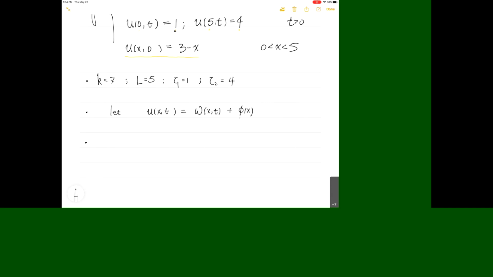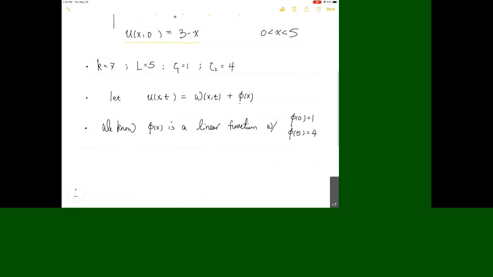So from last time, we know phi(x) is a linear function. From the lecture notes from yesterday, we know that phi(x) is a linear function with phi(0) equals 1 and phi(5) equals 4.